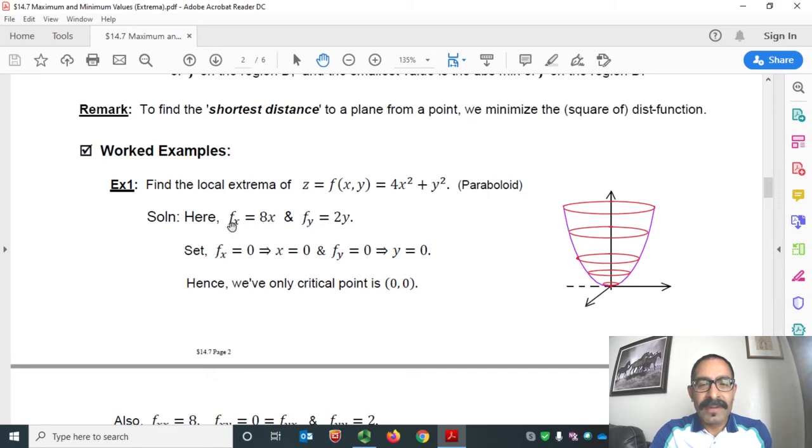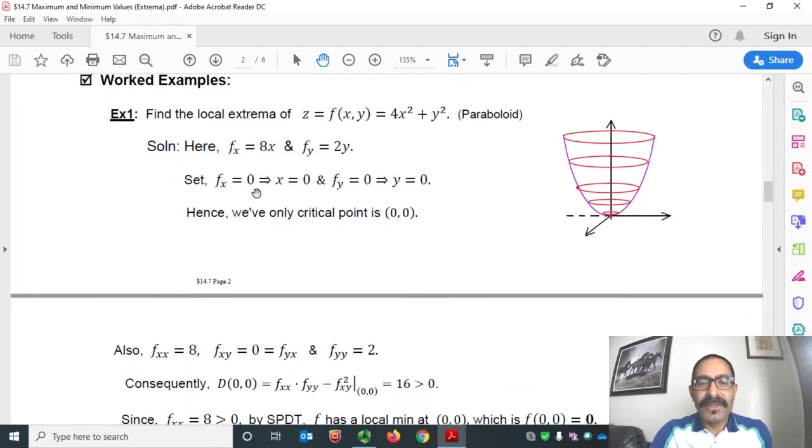So here fx is 4 times 2, which is 8x. y squared is constant for the x partial derivative. Similarly, fy equals 2y. Setting fx equal to 0 gives us x equals 0. Setting fy equal to 0 gives us y equals 0. So we have only one critical point, (0, 0), the origin. It makes sense from the graph also, right?